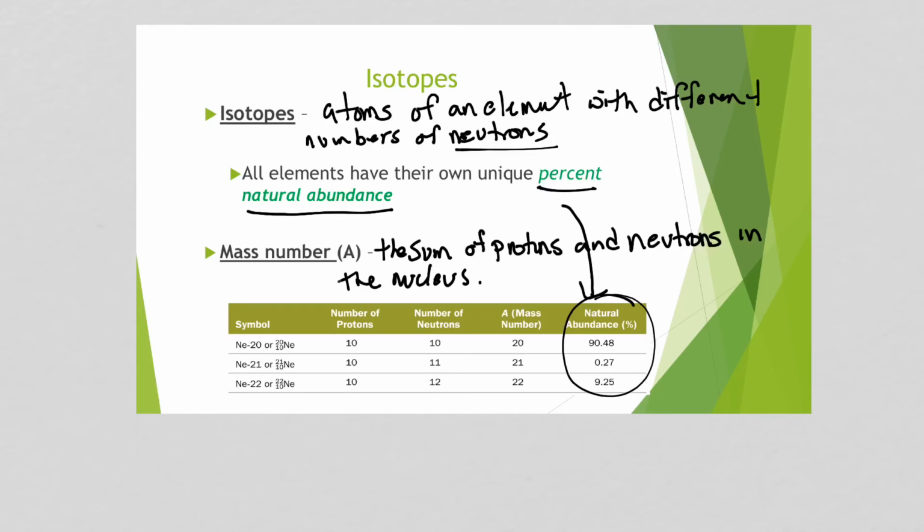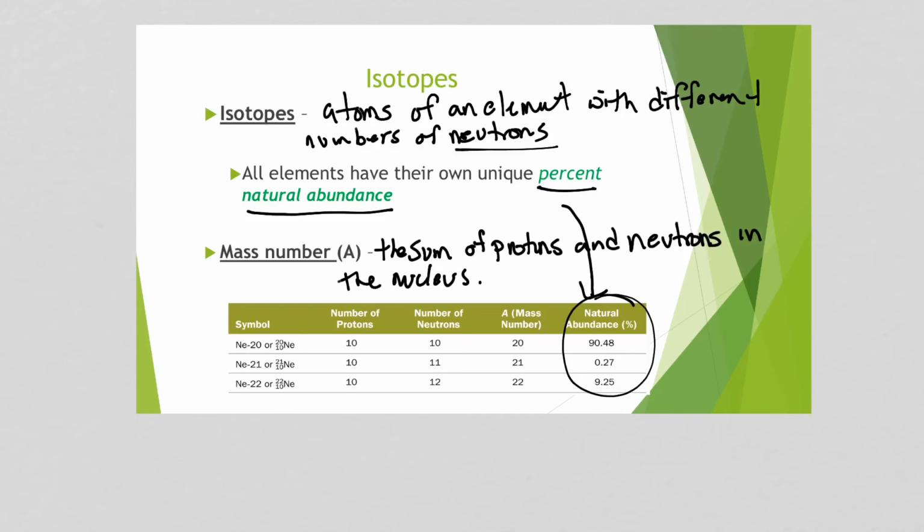So it's essentially adding up the number of protons and neutrons in the nucleus. It tells me how many particles are in the nucleus. That's the mass number. And that's how we differentiate or identify an isotope.